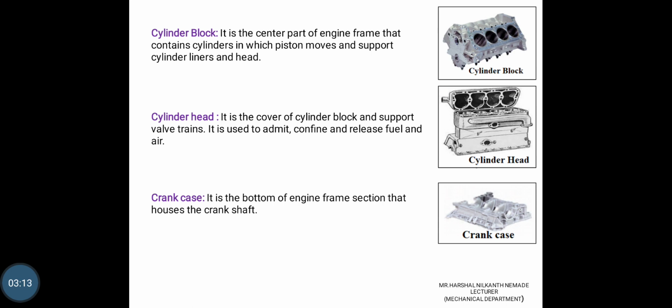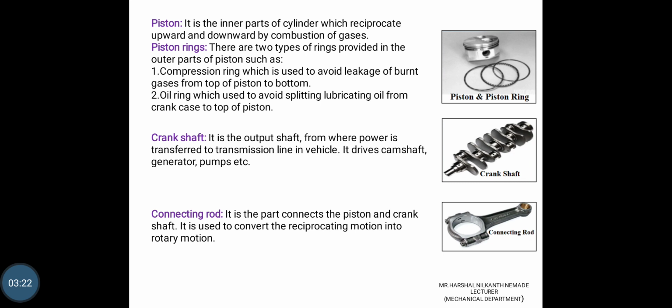Piston is there. On the piston there will be two compression rings and one oil ring, to avoid the leakage of the fuel inside the crankcase. Crankshaft is there, connecting rod is there. On the crankshaft pistons are attached. With the help of the connecting rod, the small end is in the piston, and the bigger diameter end of the connecting rod is attached to the crankshaft.